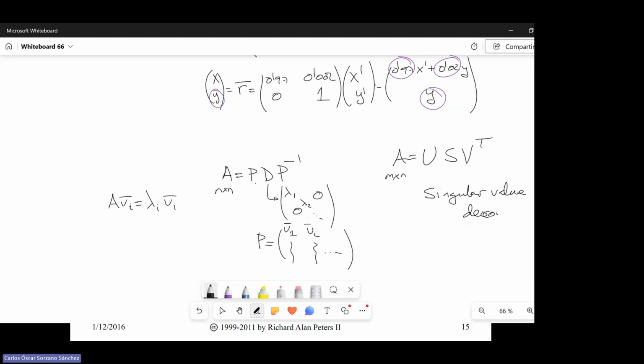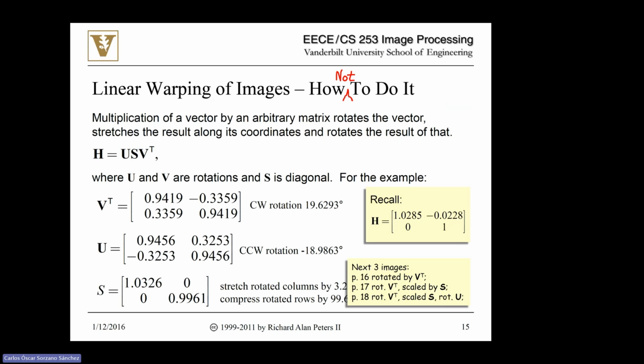The spirit is more or less the same. So this would be an m times m matrix, this would be m times n, and this one would be n times n. Not exactly this property, but quite similar to it. And it is defined for any matrix. So now you do the singular value decomposition of that matrix, and the result is 3 matrices. If you multiply the 3, you get back the same H.